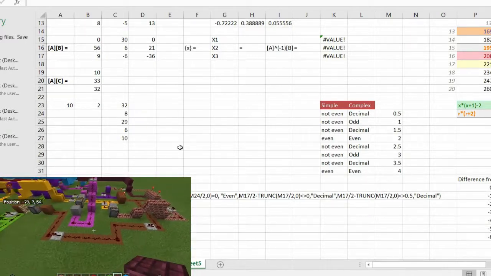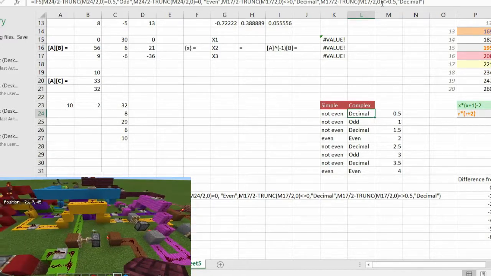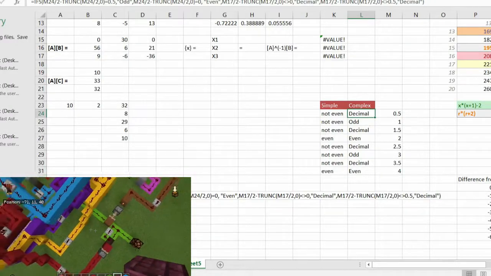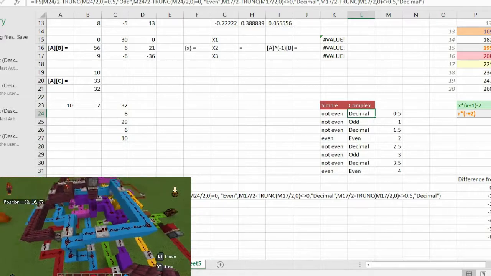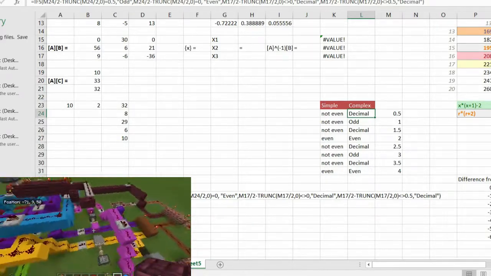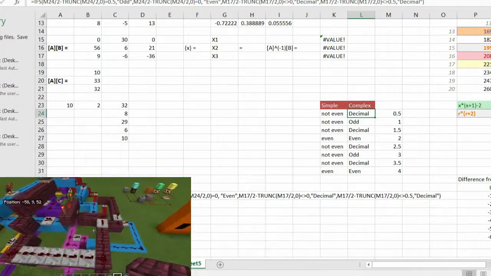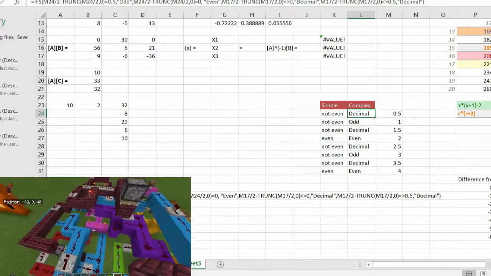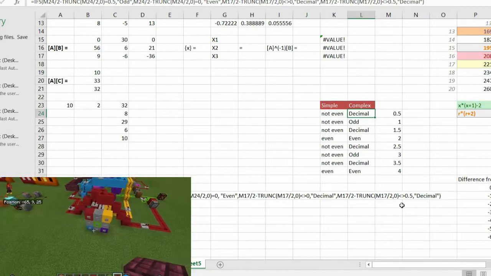This is apparently one of the ways that you can get it to be odd, this ridiculously complex equation. I'm going to very briefly go over this. So basically, here's what I think of when I say even, right? When I say even, that means that when I divide it by 2, it equals 0.5. Is that correct? So I'm trying to look at this equation and find out what exactly my logic was when I did this. So M24, now logically, let me think about this for a second.